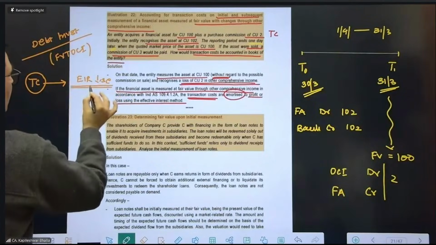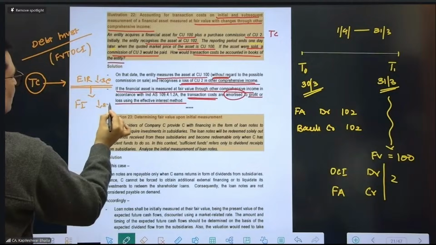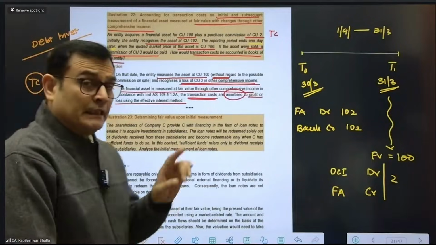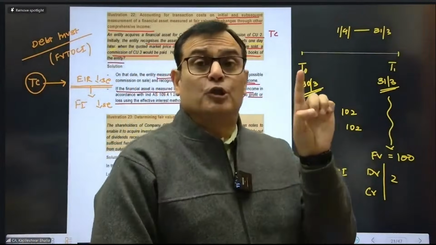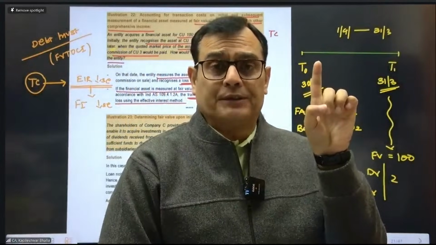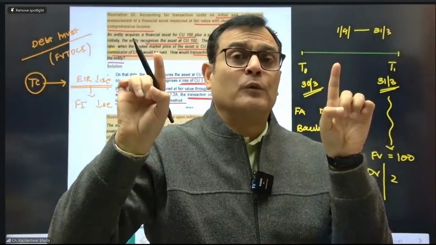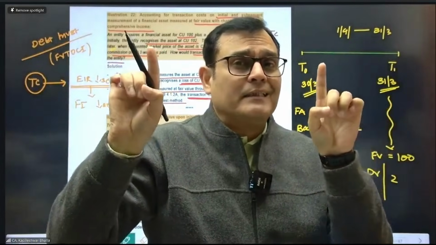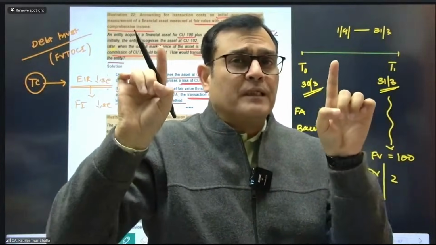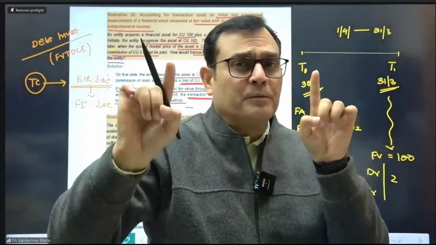If the EIR will decrease, can I say it will decrease the finance income? Is my thought correct? The finance income you would have got had there been no TC would have been greater. The finance income you will get now because of the TC will go down. So can I say indirectly the TC goes to the P&L in the form of reduced income over a period of time?